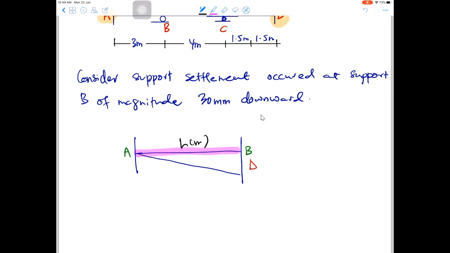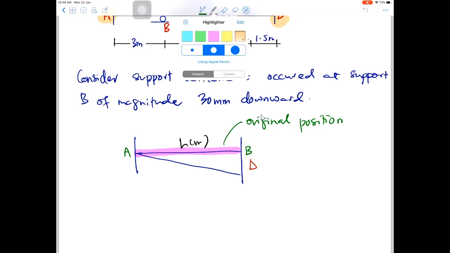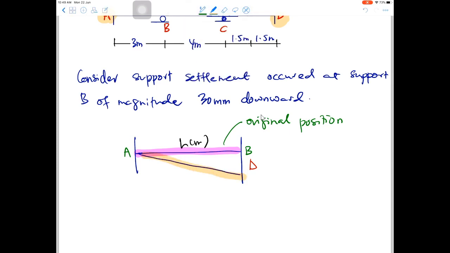This one is the pin line, the original position of the beam. The orange line is the beam after deflection.